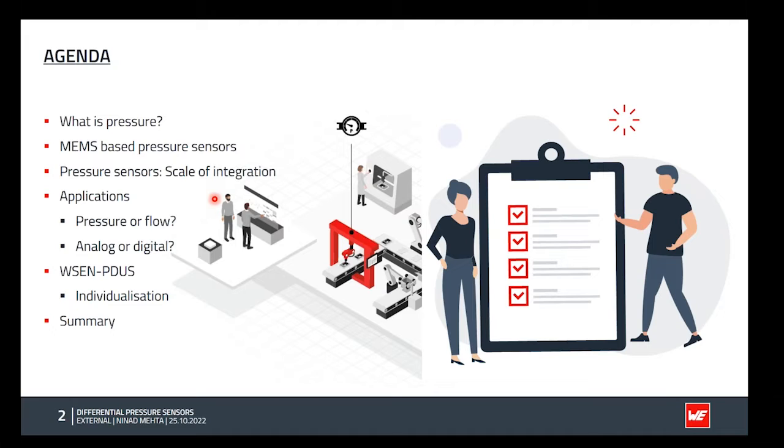We'll have a look at some of the applications, and also shed a light on what type of pressure sensors to use, for example, a pressure or flow sensor, or even a digital sensor or an analog sensor. And in the end, I would like to show some of the pressure sensors from our Wurth Electronic portfolio and focus on also the individualization service that we provide.